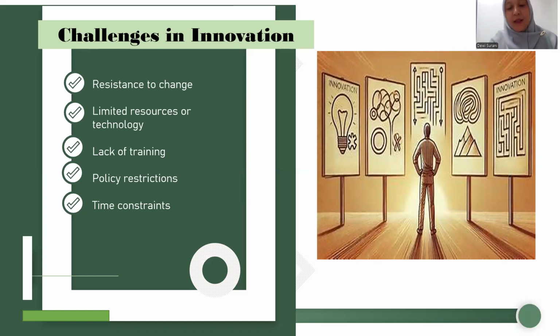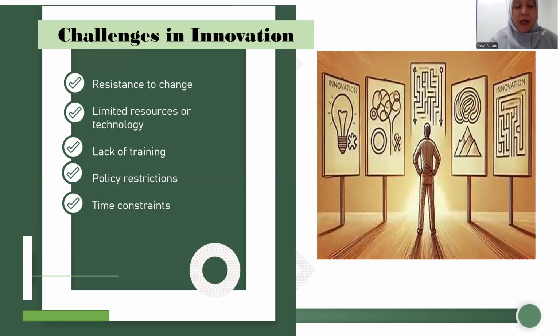In other cases, schools may not have enough resources, like technology, training, or even time to support innovative approaches in their school. And there are also situations where school policies or administrative rules make it difficult to introduce new practices.